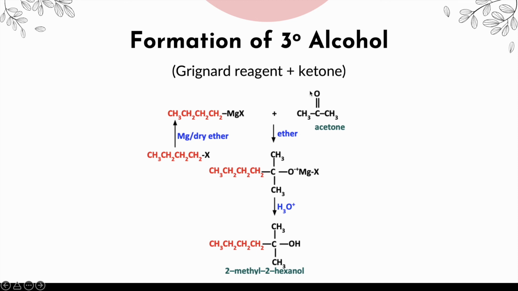Because one bond is used to form the lone pair at the oxygen, so O minus Mg plus X, and then the reaction continues with acidified water, and this MgX will be replaced by H, making the OH group attached to this tertiary carbon. This is tertiary alcohol.